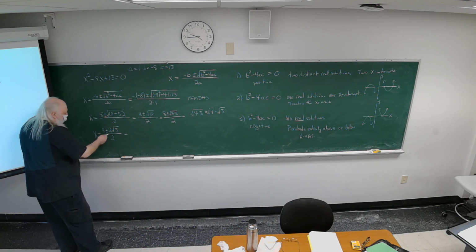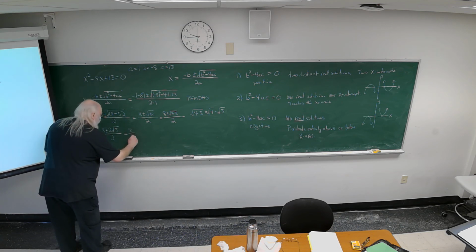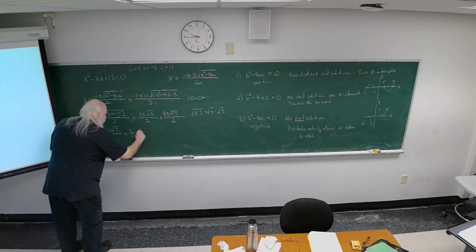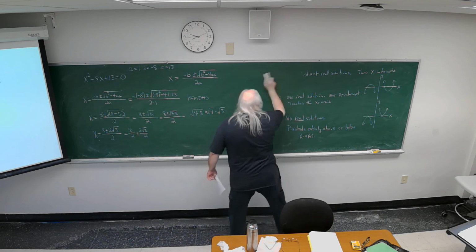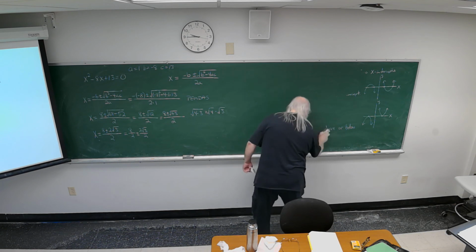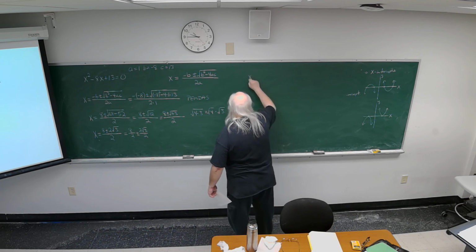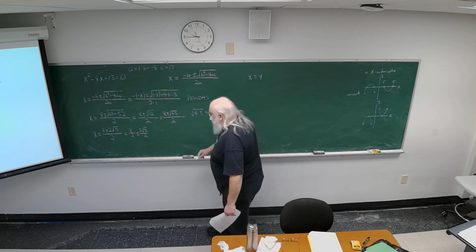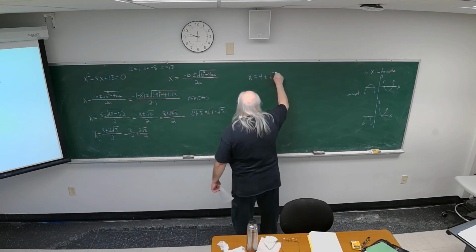Now, fraction bars are like division symbols, so we have to divide each of these terms by 2. We have 8 over 2 plus or minus 2 times the square root of 3 over 2. Eight divided by 2 is 4, and in the second fraction, the 2's cancel, and we're left with plus or minus the square root of 3.